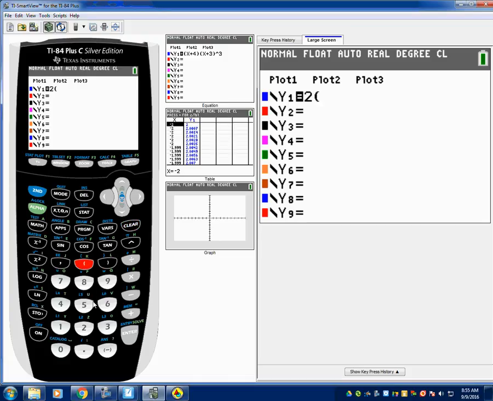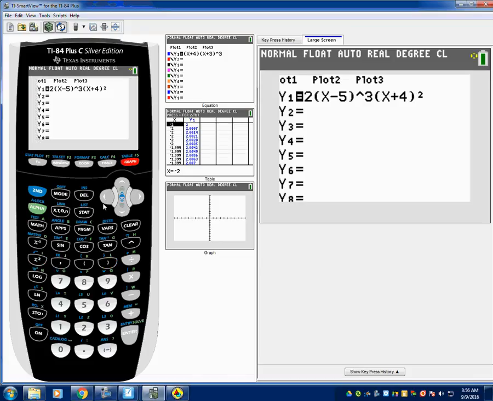And then the first one was x minus 5 to what power? The third, okay. And then the next one was to the second. Graph here.